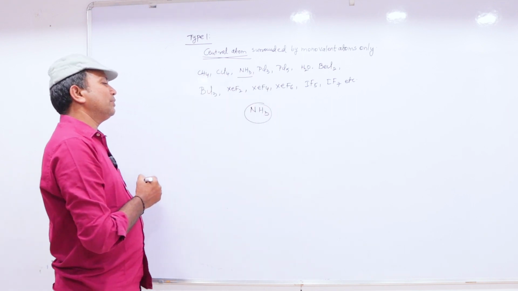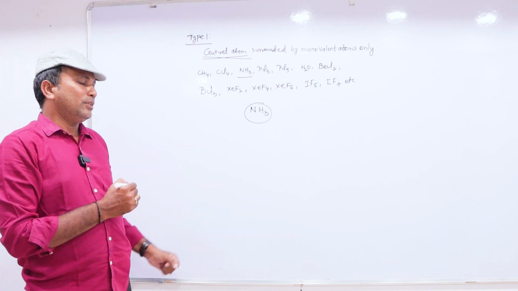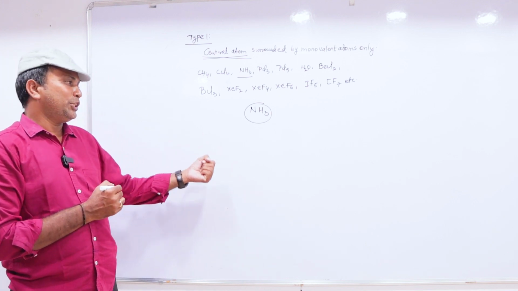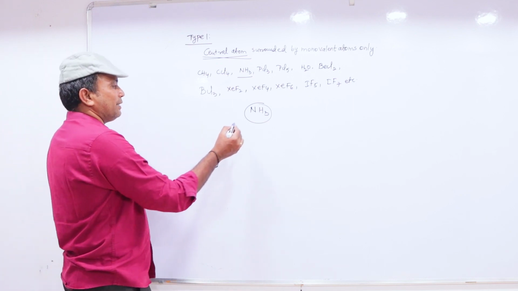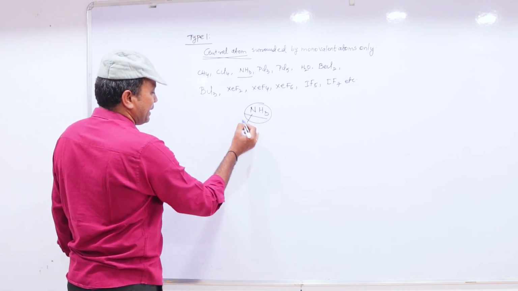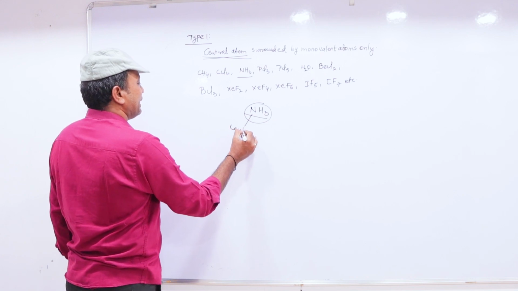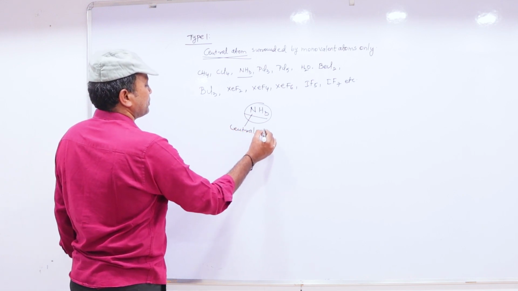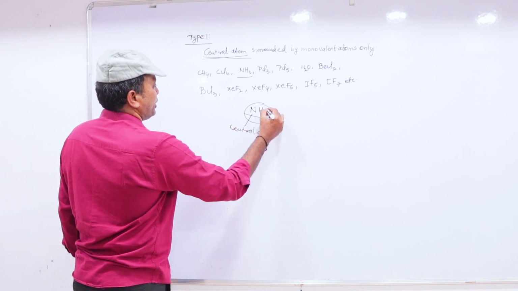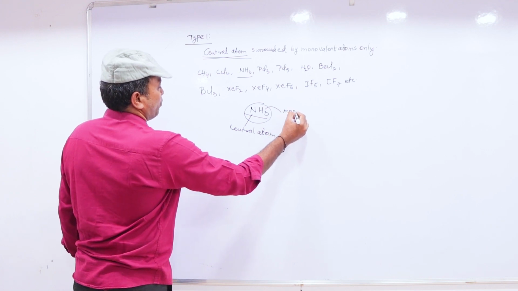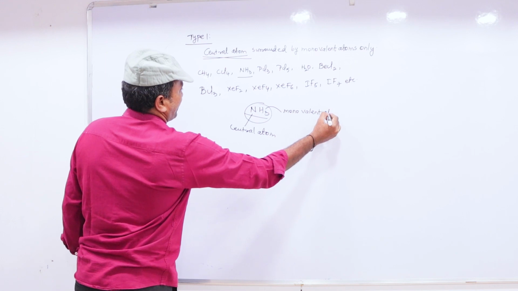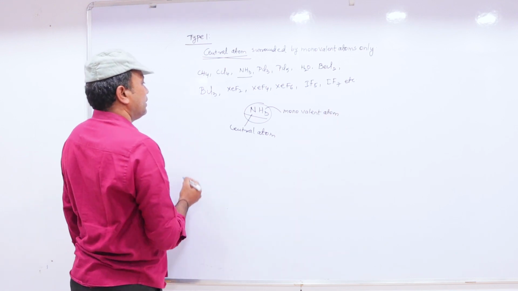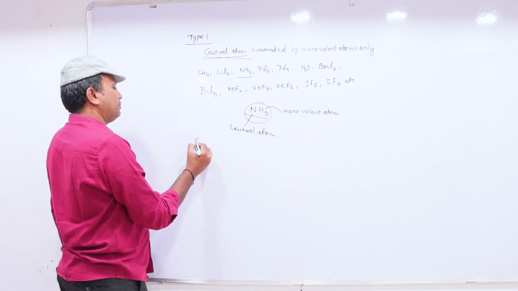To find out hybridization, bond pairs, lone pairs, shape and type of the compound one by one. First, in NH3, N is the central atom and H is a monovalent atom.